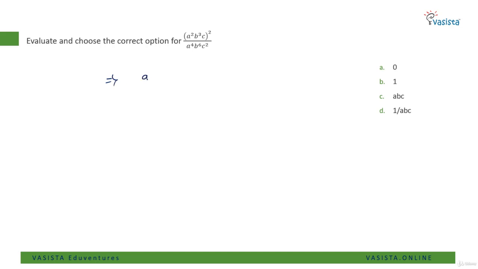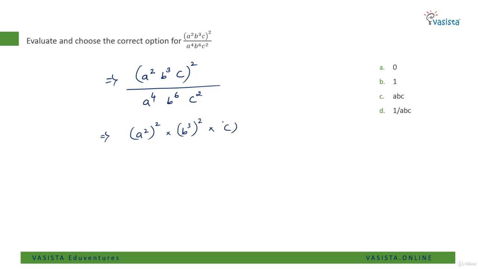(a² b³ c)² divided by a⁴ b⁶ c². This I can rewrite like this: (a²)² times (b³)² times c².